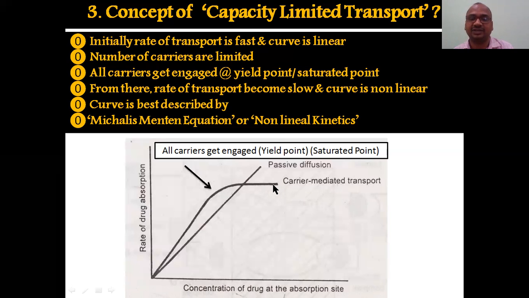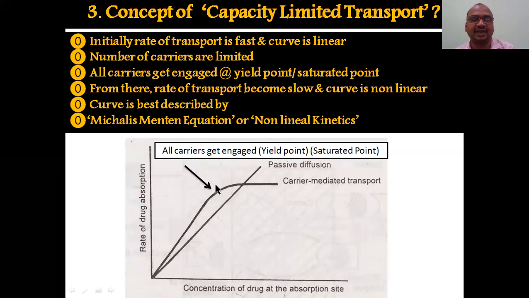That's it. Whereas passive diffusion is not like that. Up to equilibrium, it goes on increasing. That's why passive is called linear, whereas here it is called non-linear. See, up to this point it is linear; from here it becomes a straight line.